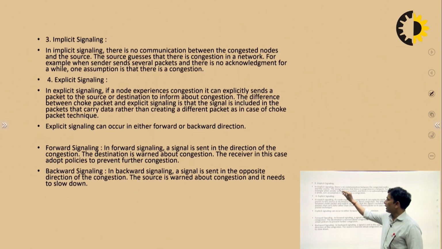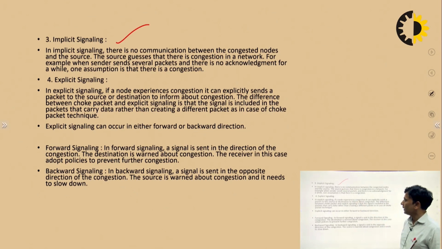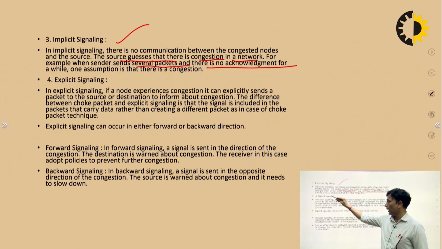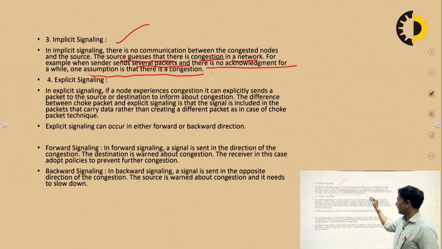The third case is implicit signaling. In implicit signaling, there is no communication between the congested node and the source. So this is the other case. Here, the congested node is not going to send any message or feedback to the source. So what happens here? The source guesses that there is congestion in the network. For example, when the sender sends several packets and there is no acknowledgement for a while, one assumption is that there is congestion.